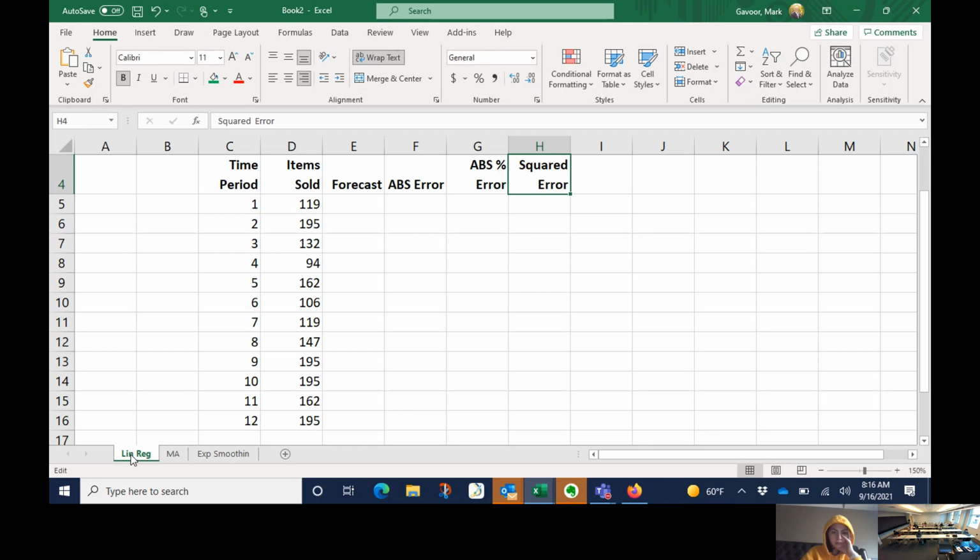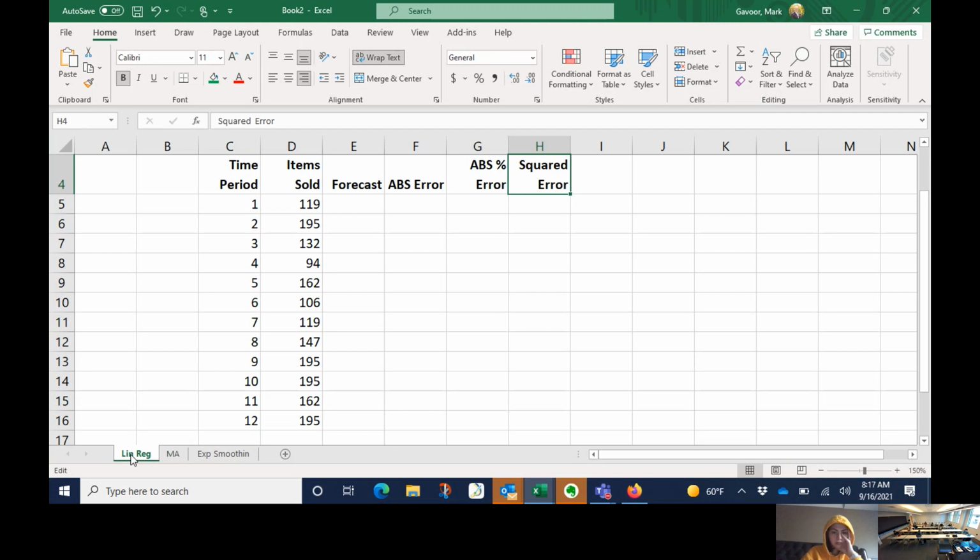What you want to do is highlight time period and item sold. The whole column, including the titles, not the whole row. Yeah, there we go. Go to insert. And then go to scatter diagram. Yep, go to scatter. This is the first one. Now you're going to probably want to move it somewhere.